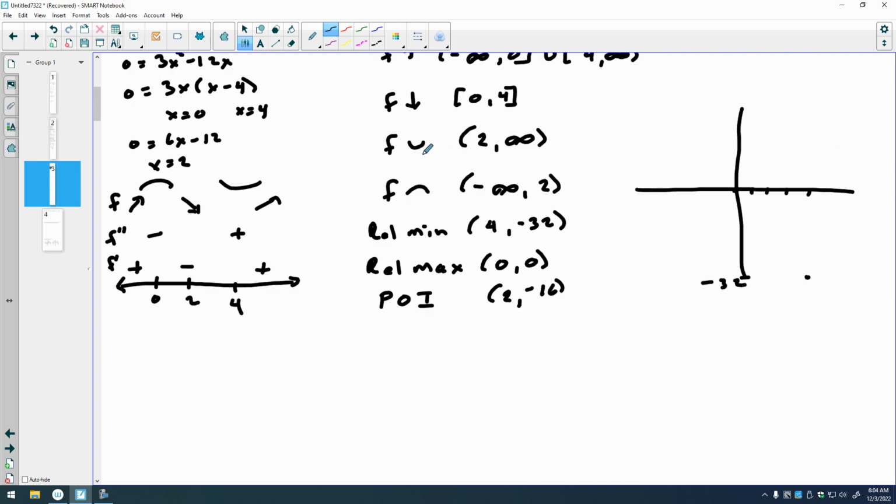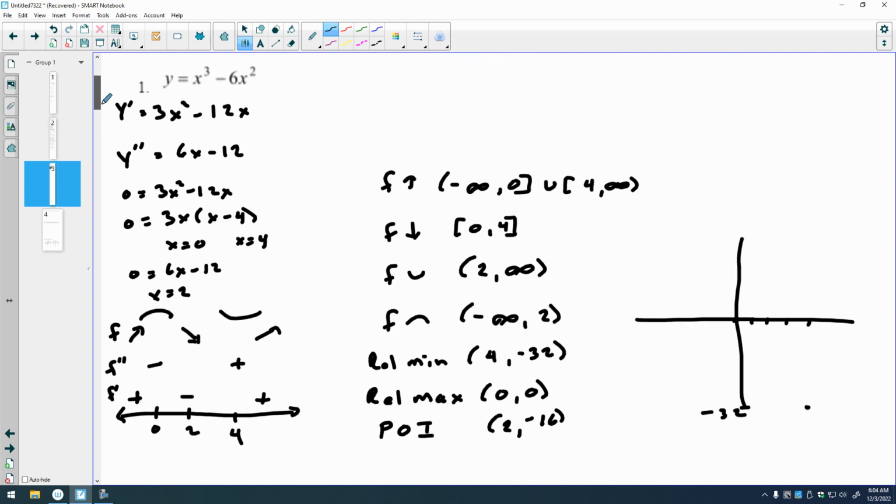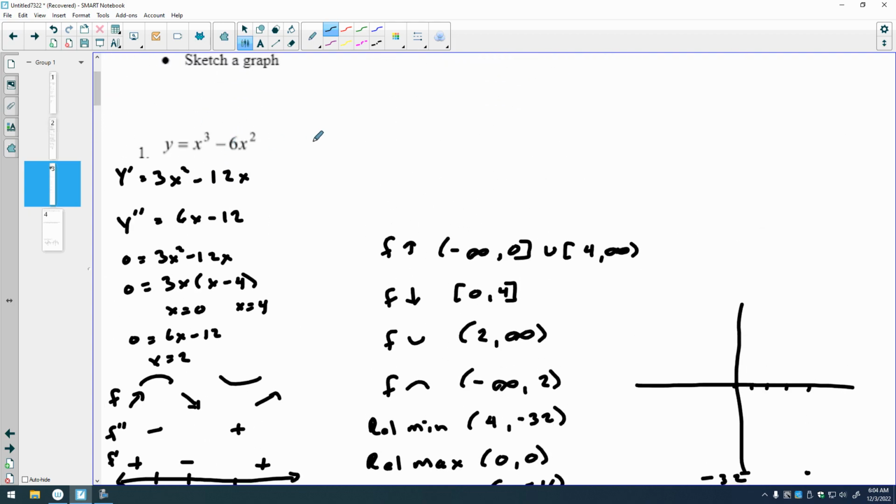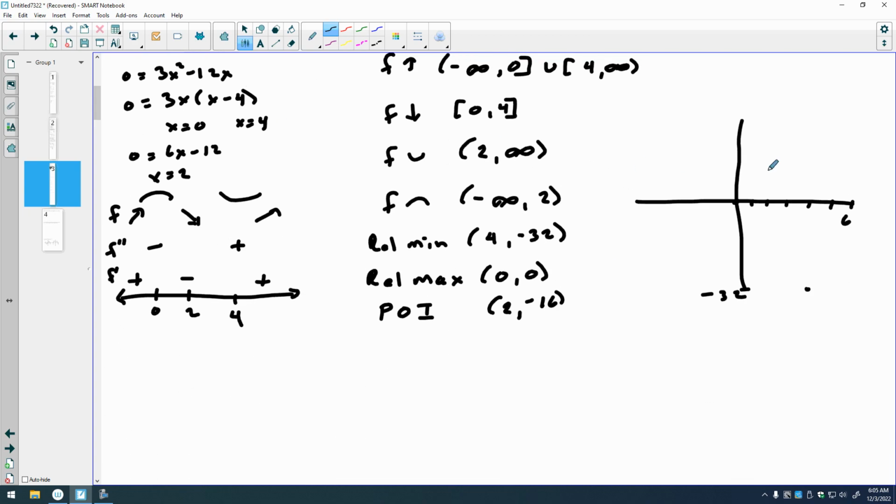If we want to have some XY intercepts to get more precise, I set this thing equal to 0, and I get an x squared factors out of this, and I get x minus 6. So I know it has an x-intercept at 6. I wouldn't have required that, but we can do it, so we might as well. All right, so now my graph comes down.